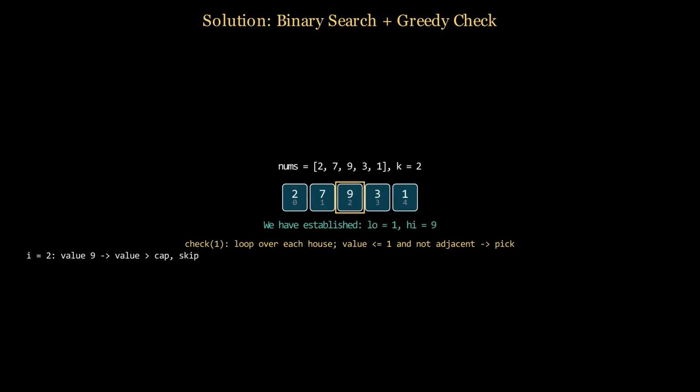Index 2, value 9 exceeds cap 1, skip. Index 3, value 3 exceeds cap 1, skip. Index 4, value 1 within cap, pick. Count is 1. So we get 1 pick, less than k, check returns false.